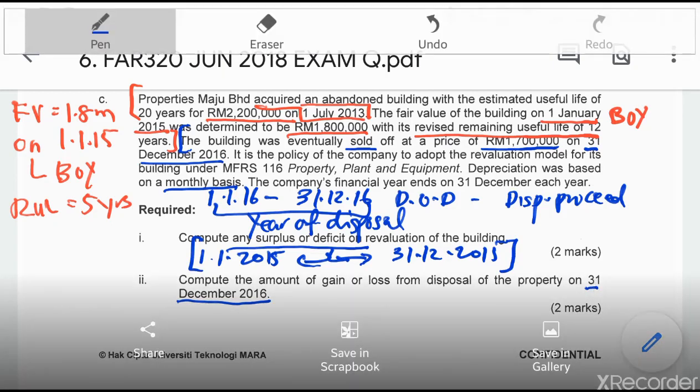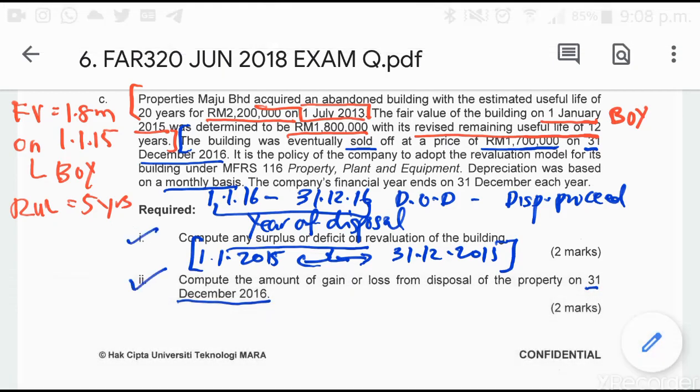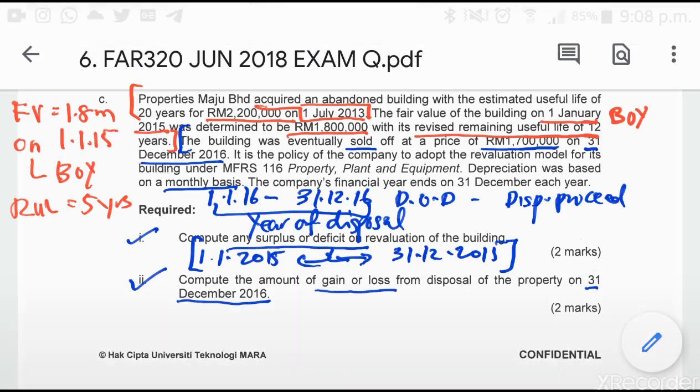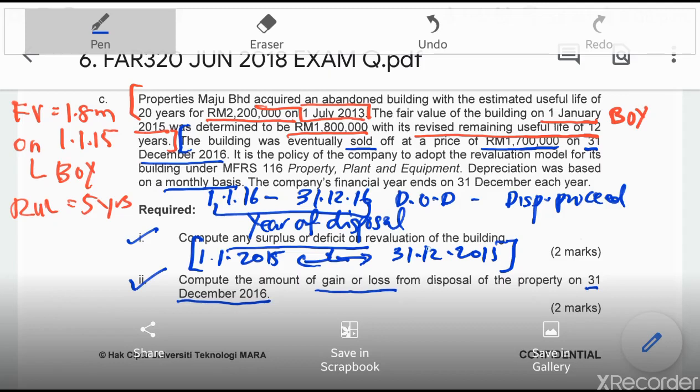However, for the second part of the question, you are asked to calculate the gain or loss. This is because of the derecognition, which happened on 31st of December. And remember, on 31st of December, you need to look at what the accounting treatment is.